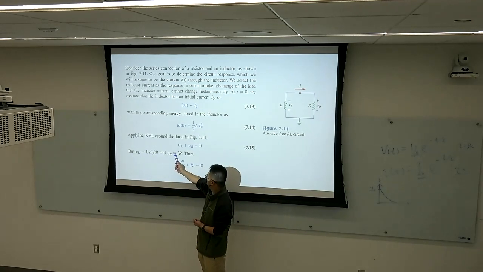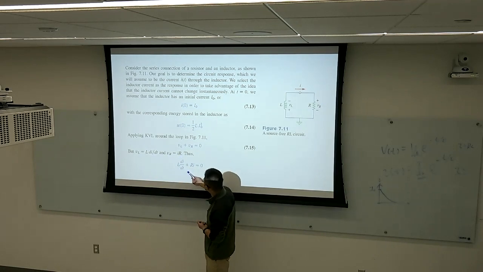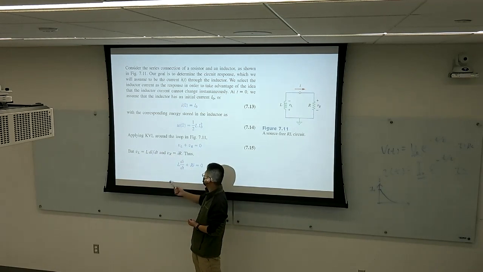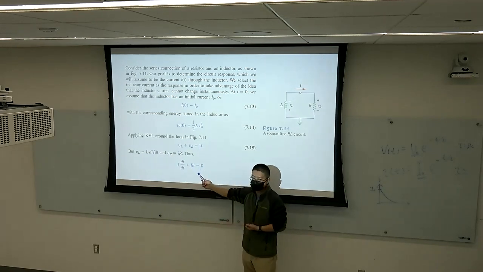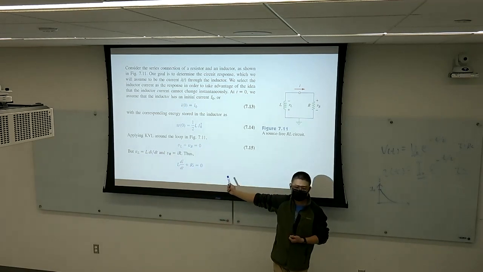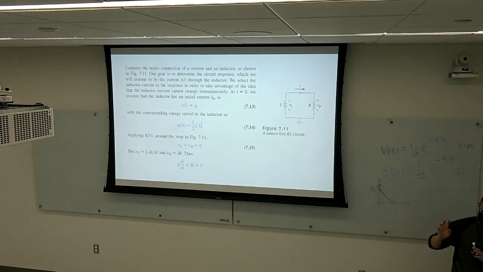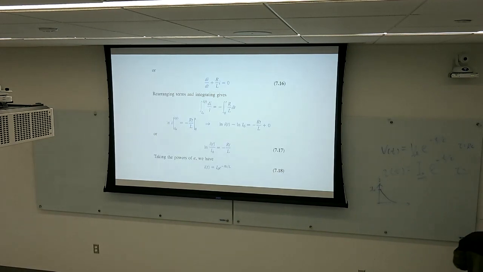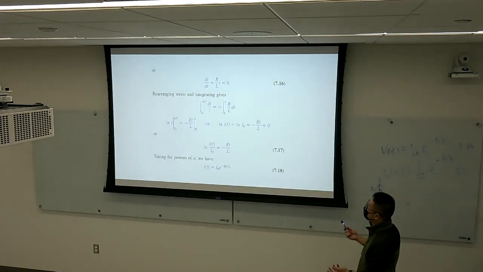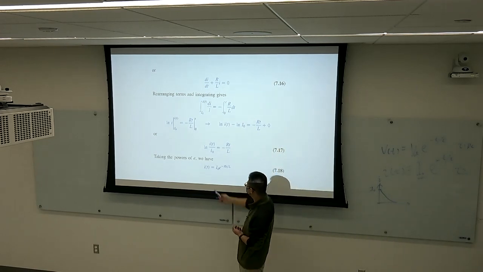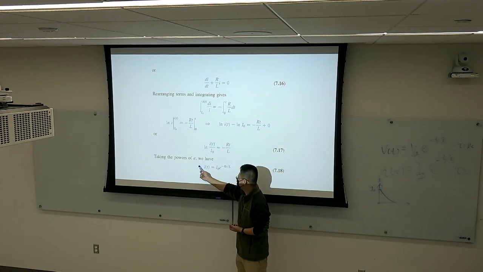VR equals i times R. So we can plug these two equations into this equation. This is a first order differential equation, very similar to the source-free RC circuit. Then we do some math and integrate both sides, and finally we get this expression.